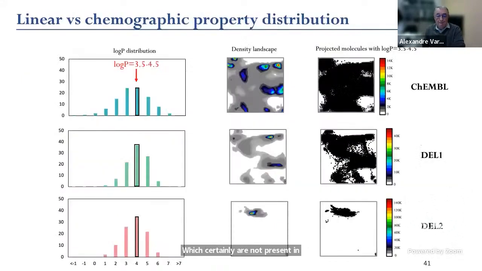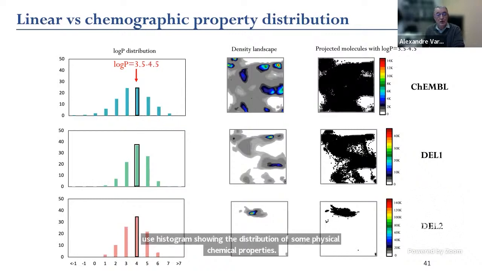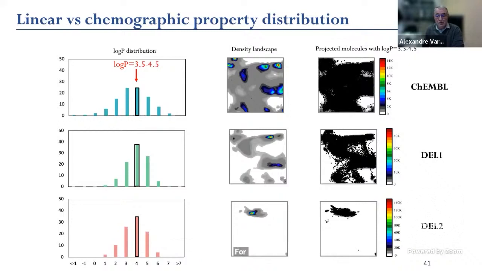What's also interesting, traditionally people used to compare databases using a histogram showing the distribution of some physicochemical properties, for example, the octanol-water distribution coefficient. So you have 3 distributions, one on top for Campbell, and then for 2 DELs. And you may see that they are similar.